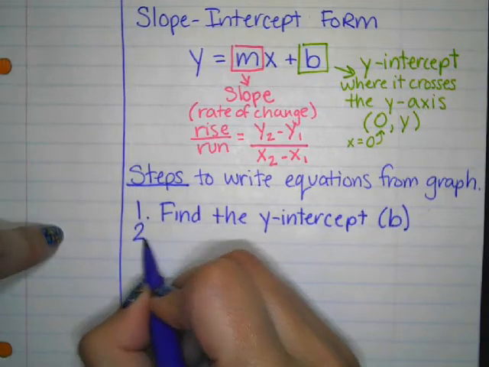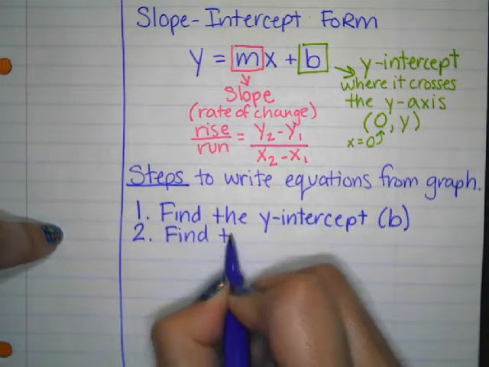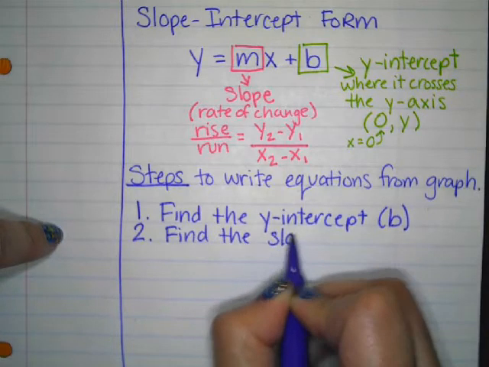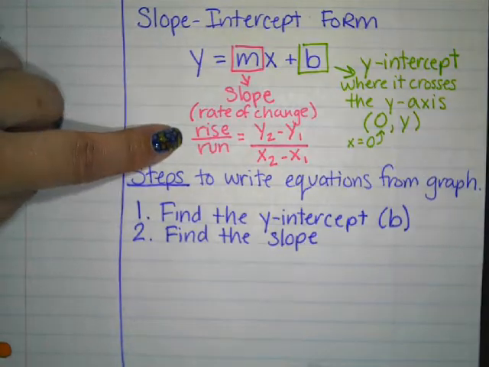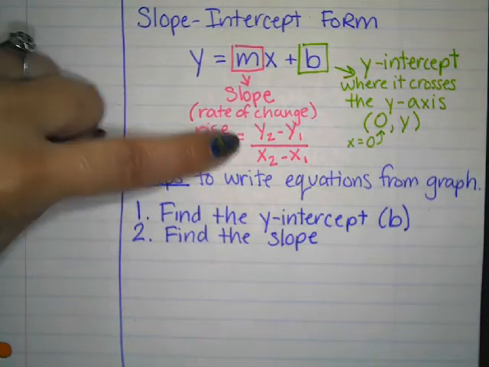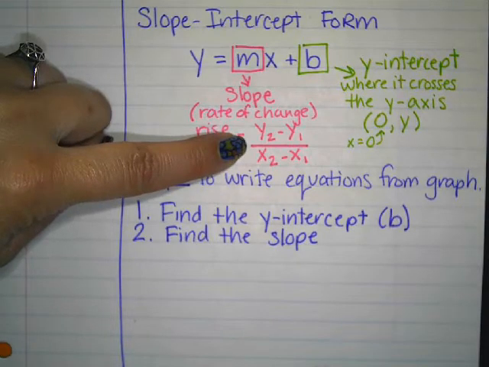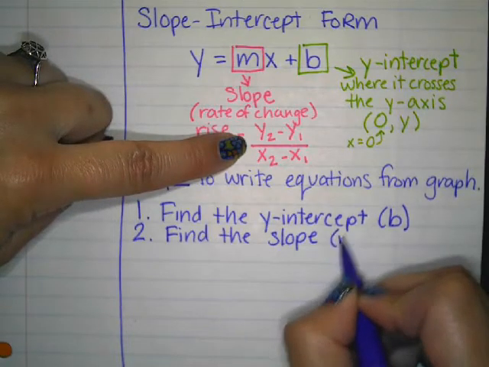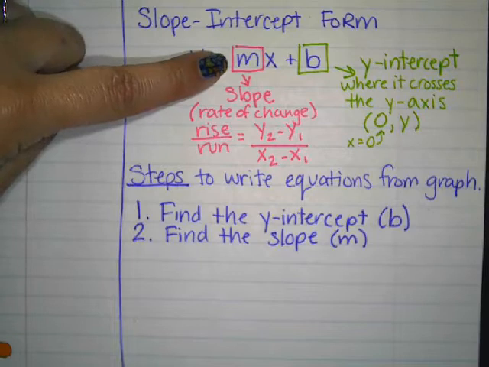So number 2, we're going to find the slope. Now we're going to find our slope either by counting our rise over our run if we have a graph, or we can find it with the slope formula using y2 minus y1 over x2 minus x1. Okay, so we're going to find the slope, and that is going to become our m value, the number that goes right in front of the x, our slope.